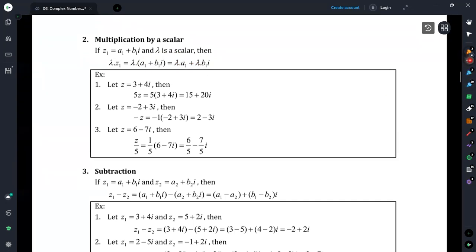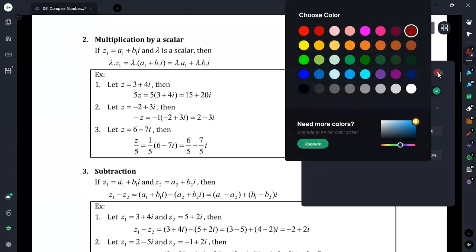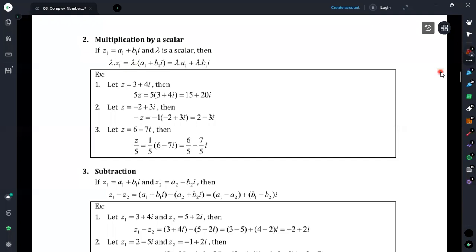Therefore, let's consider the set of examples mentioned here.